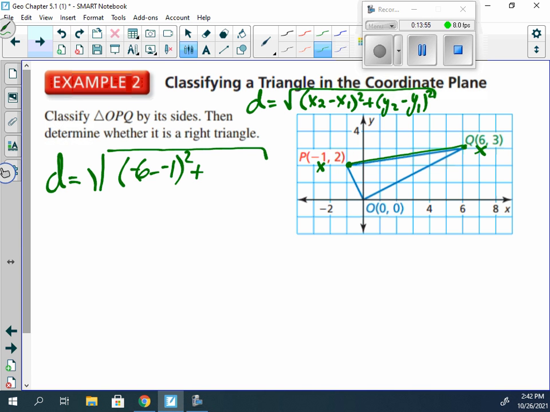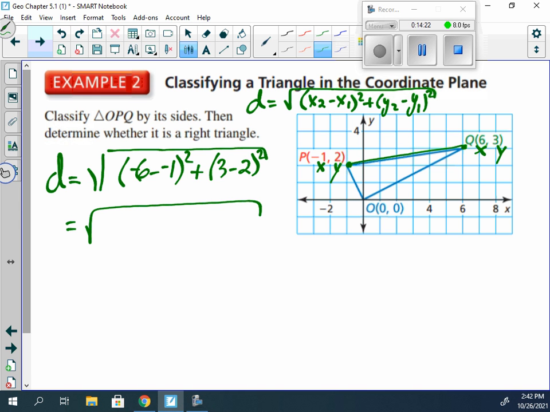Either one will give us the same value when we square it. The two y values are 3 and 2. So in the other one, we'll have 3 minus 2 squared. The order of which x value we put first or which y value we put first does not matter. We need the x's in the same set of parentheses, the y's in the same set of parentheses.